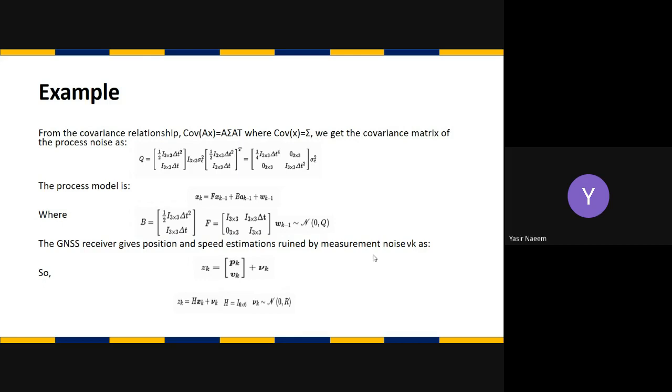So you can see that the GNSS receiver gives position and speed estimates corrupted by the measurement noise Vk, which is the noise vector, and we can add it to get the position and speed estimate.